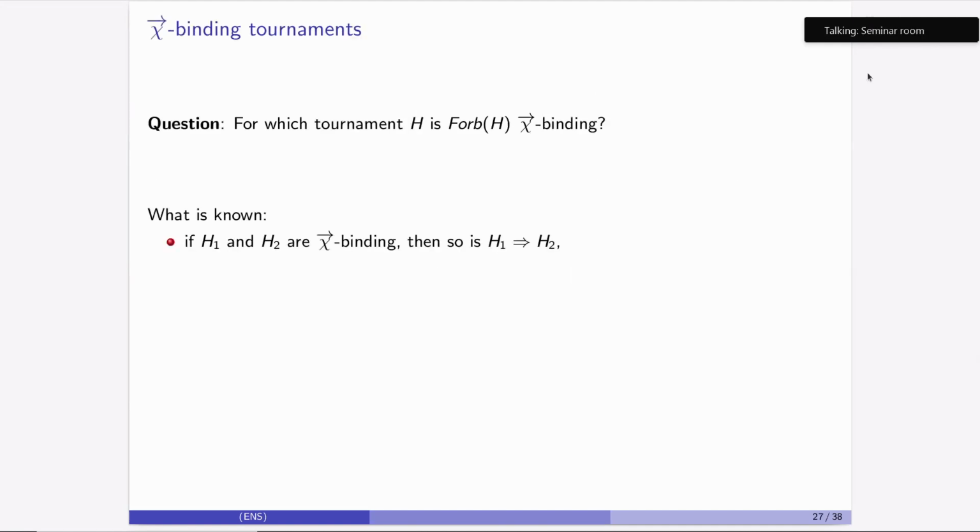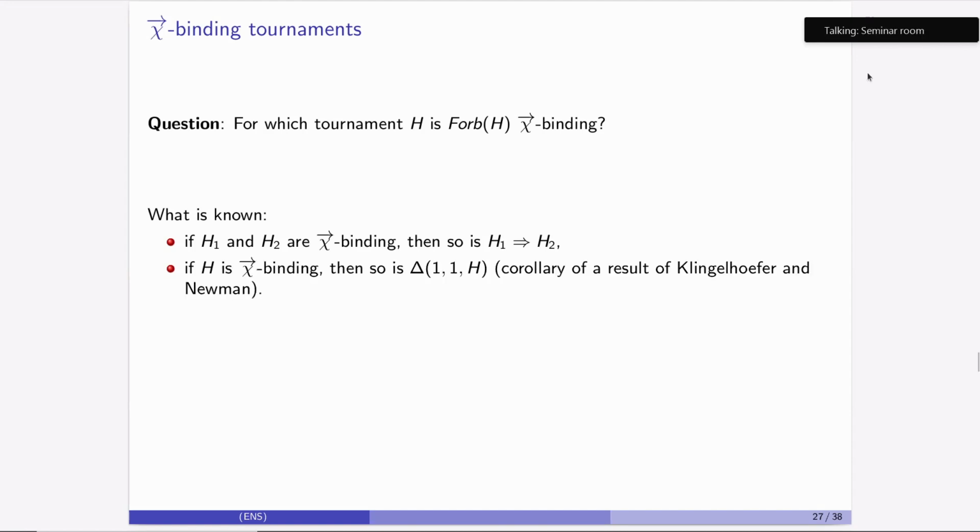On the positive side, what we know is that if you take two chi-bounded tournaments, and you take a copy of one, a copy of the second, and put all arcs in the same direction, it is still chi-bounded.